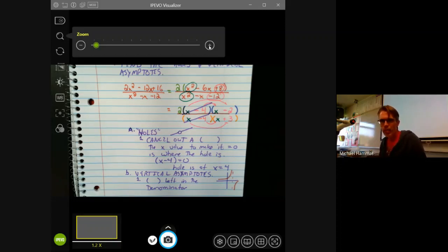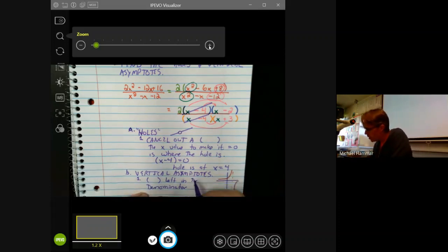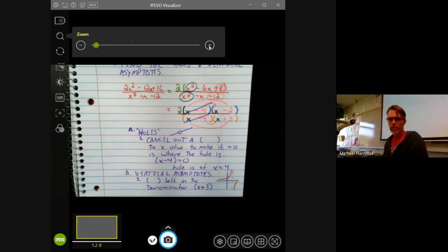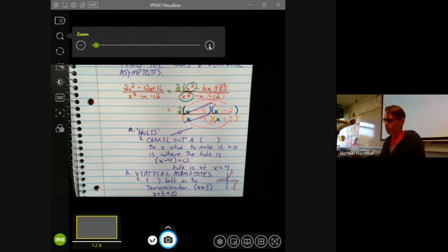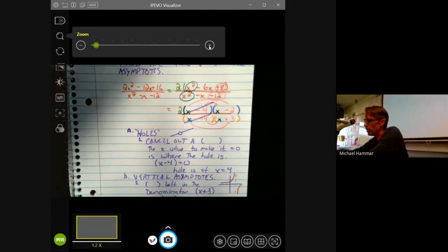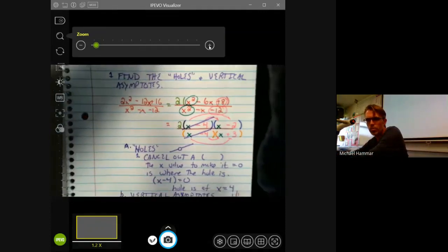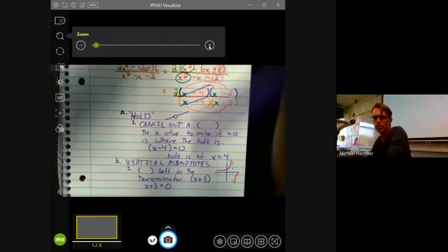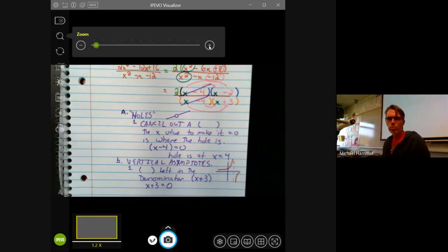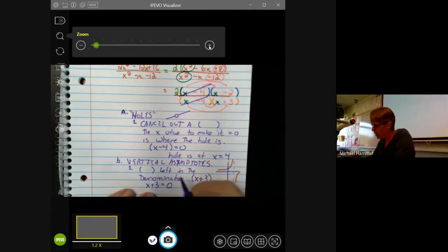So take a look at our equation. What is left in the denominator? We have x plus 3 left in the denominator. Now, you do need to remember, it's the place where x plus 3 equals 0. So what value of x will give us 0?